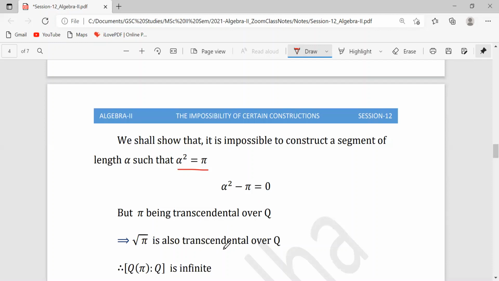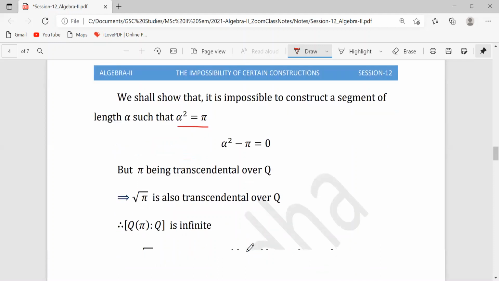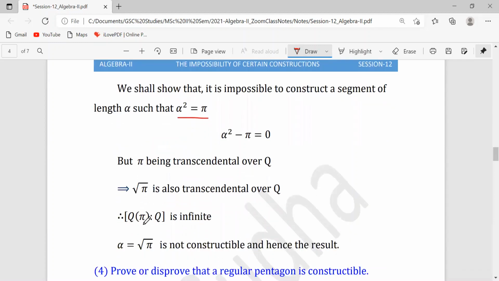Since pi is transcendental over Q, because pi does not satisfy any polynomial over Q, and we have seen that any transcendental number when adjoined to Q, the adjoined field will have degree equal to infinity.